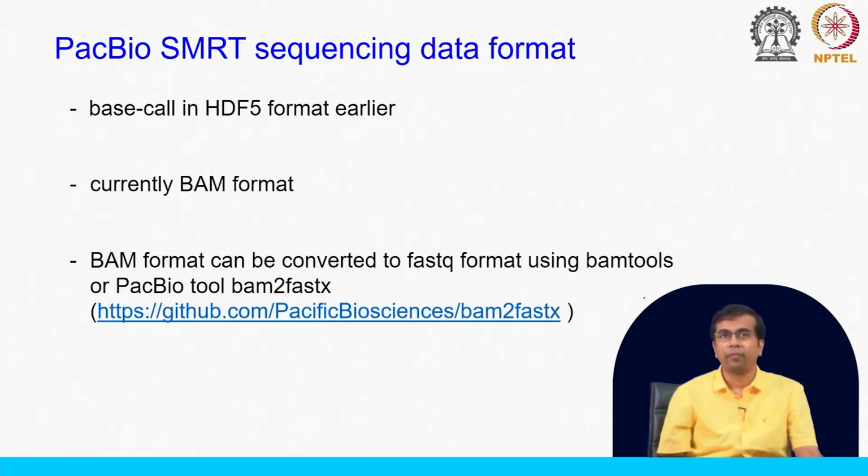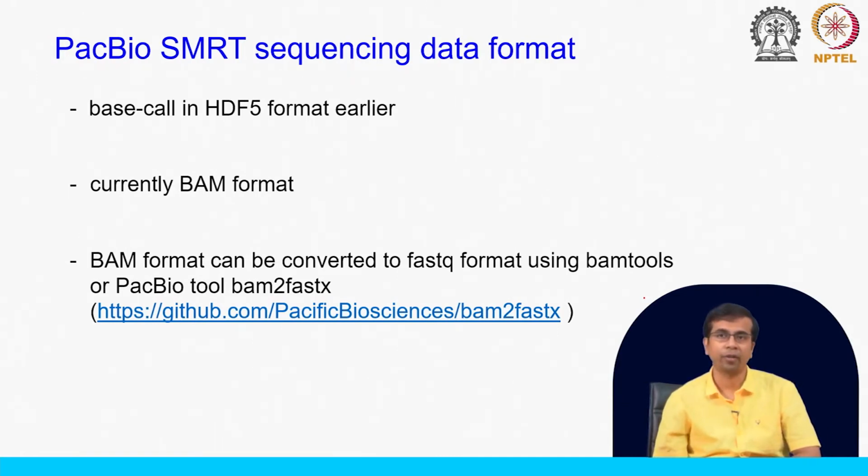But currently they use something called BAM format, and we will again talk about what this BAM format is when we talk about the mapping problem. BAM format is a machine readable, binary format, and it can be converted to FASTQ format. There are tools that allow us to convert BAM format to FASTQ format.